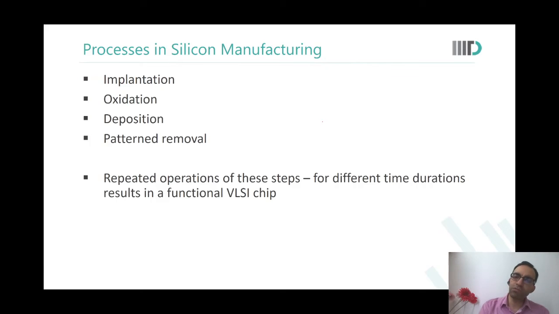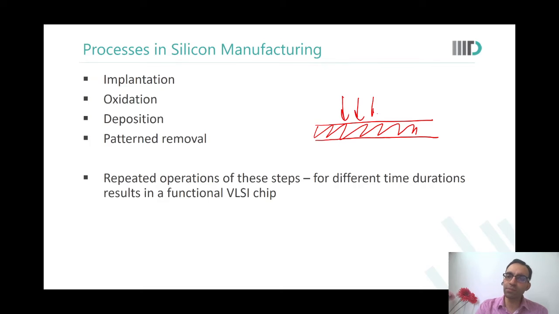That you will make layers. So this is my silicon wafer, let us say. You will first implant something onto it. After you implant it, you will make a layer of oxide. Then you will deposit something on it, which you would call a photoresist, and then you will remove this photoresist in a patterned manner.